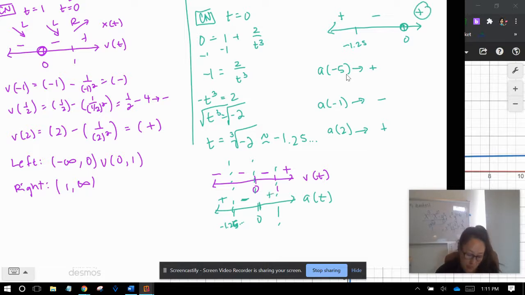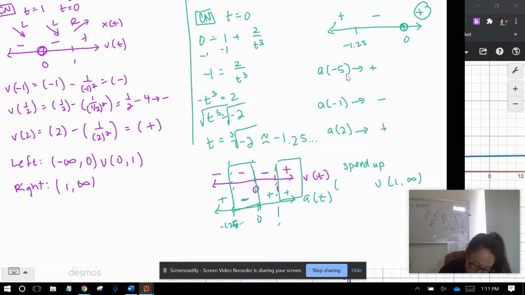So I have positive. So I just look, where are the signs the same? That's where we're going to speed up. It looks like in this section from 1 to infinity. Or from the cube root of negative 2 to 0.